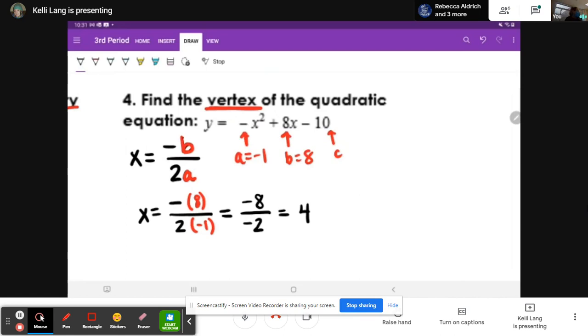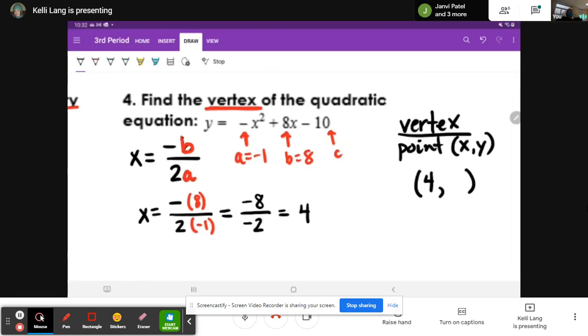So are we done with this problem yet? No, we want to find the vertex. The vertex is a point in the form of x comma y. We now know that our x value is 4. But how are we going to find the y value?